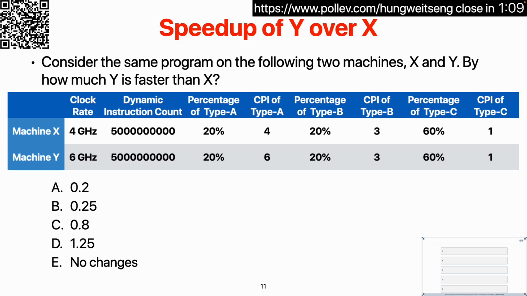The portion gets split up in proportion to how much of it takes time, I guess. So the equation is 1 over (1 minus alpha) plus alpha over k. 1 minus alpha is 0.8, plus alpha, which is 0.2, divided by k.